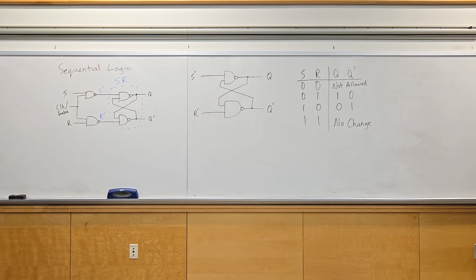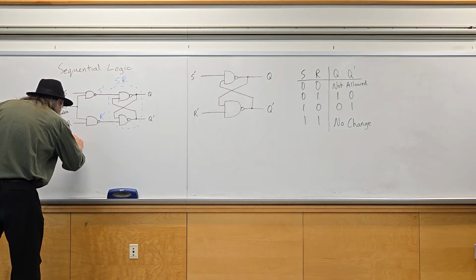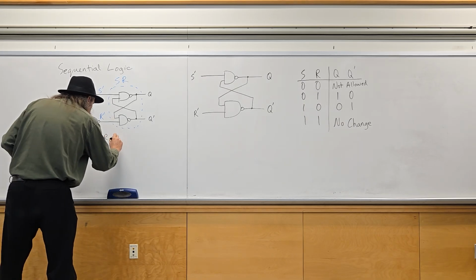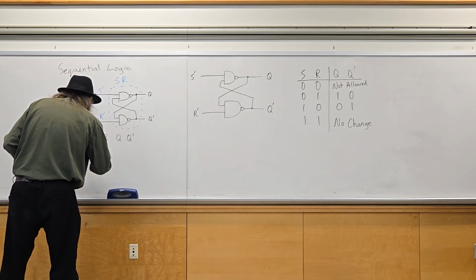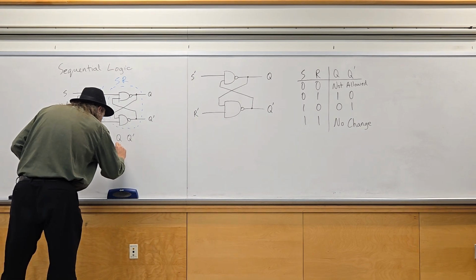Now the state table for this: 0 doesn't matter on the S and R. There's no change.